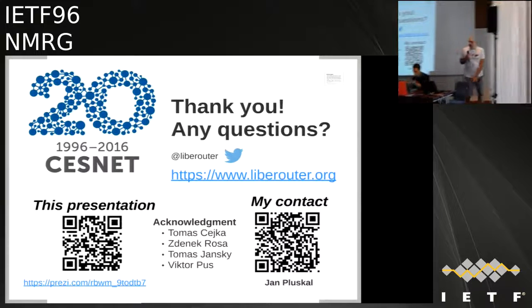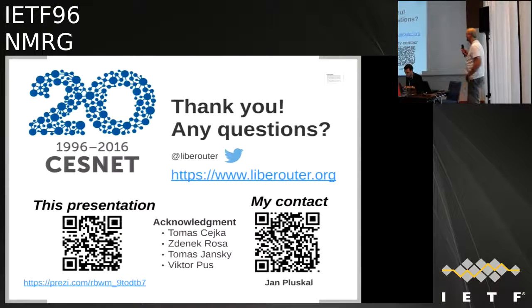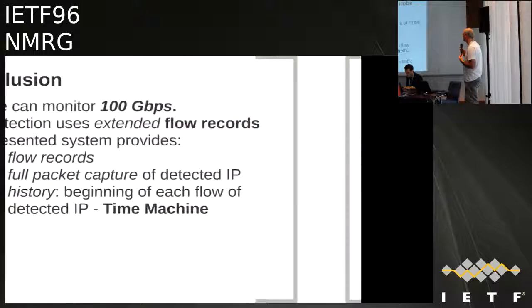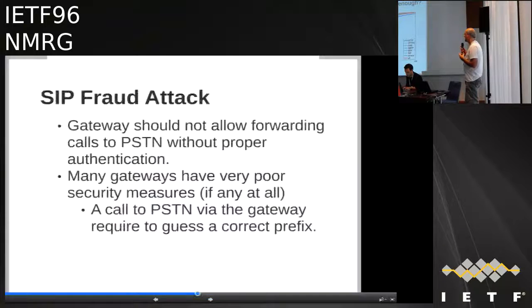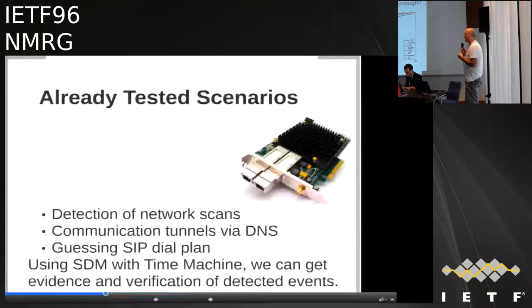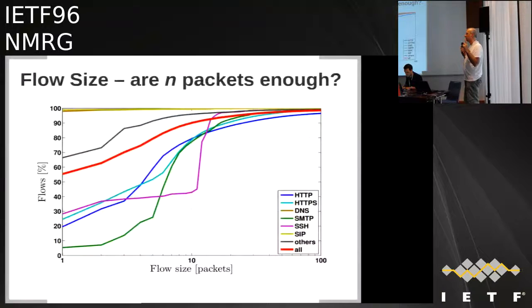Okay, I have one question. When you showed the statistics about how many packets you would need for the different protocols, related to the flow size. I think you just said that you cannot detect the protocol online, so you cannot say you want a different number of packets for different protocols.